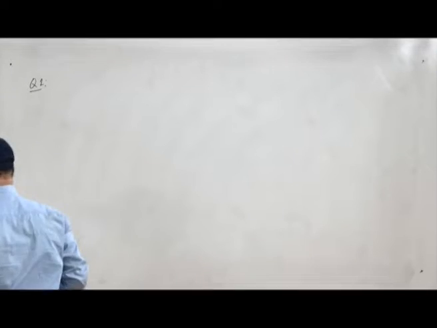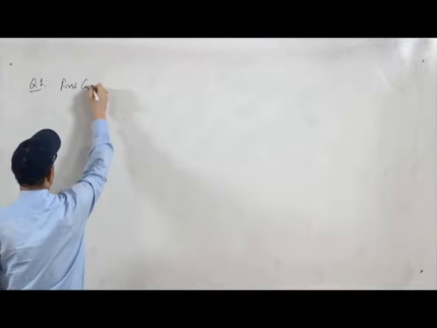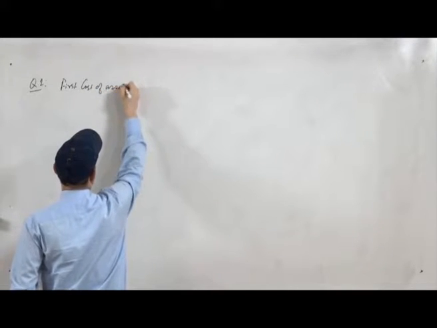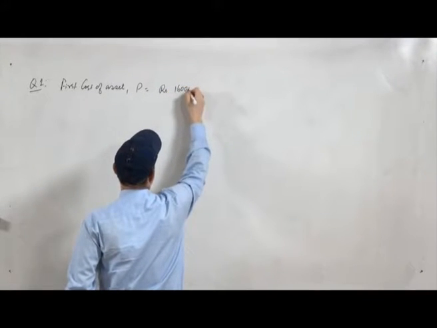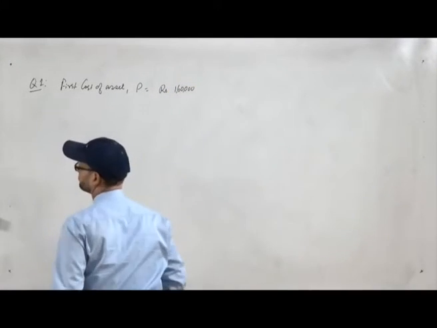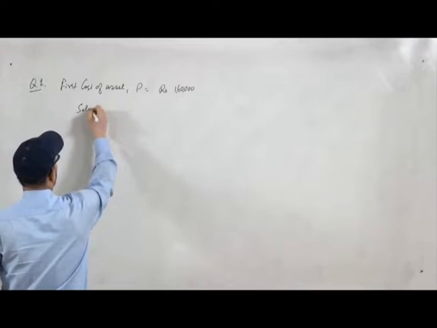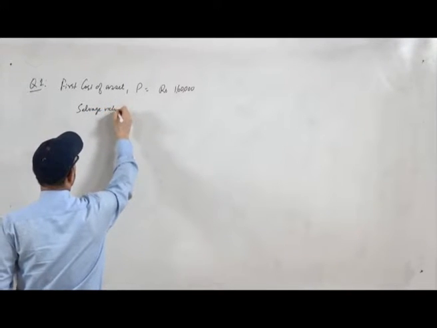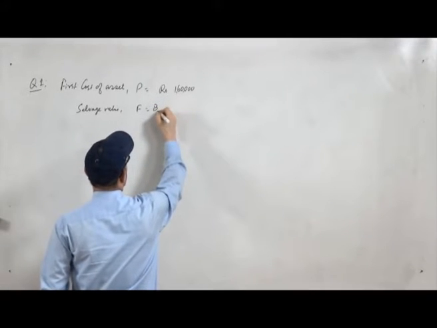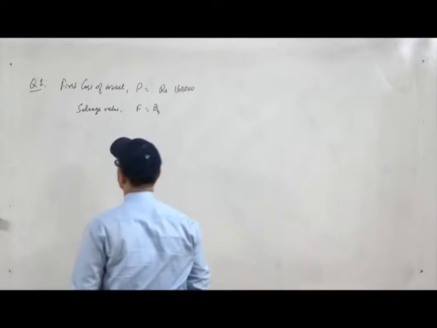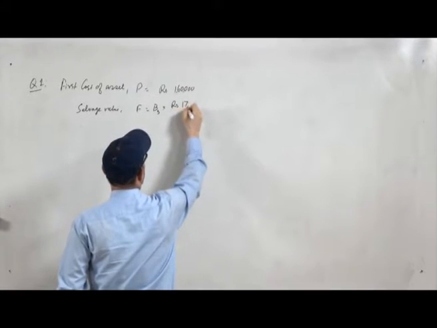We have the first cost of the asset, P, given as rupees 1,60,000. Then the estimated salvage value at the end of 5 years, F, which can also be written as B5, the book value at the end of 5 years, is given as rupees 17,500.